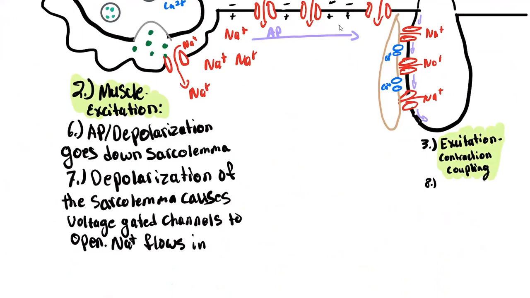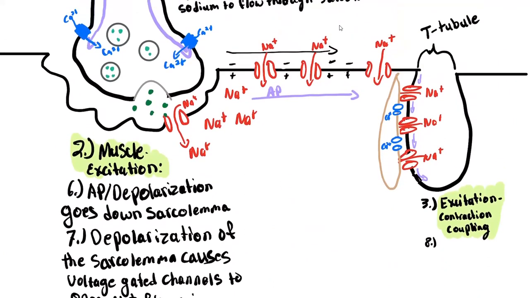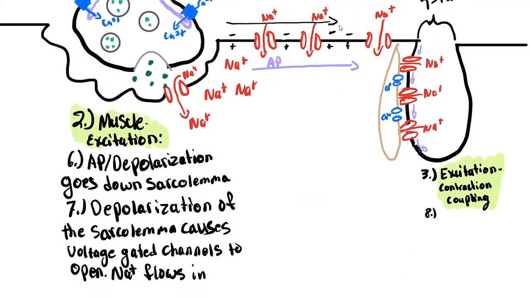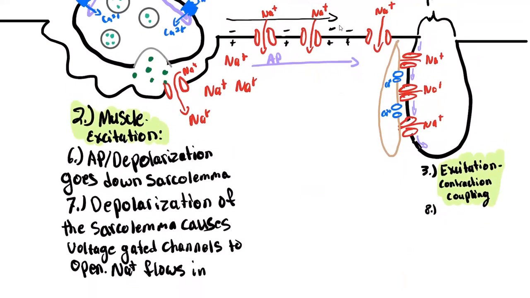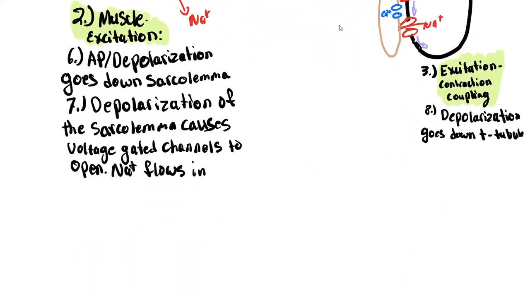Again, this isn't contraction just yet. We'll get to that. It's the last step, the 4th step. This is all leading up to contraction. So depolarization goes down the T tubule.